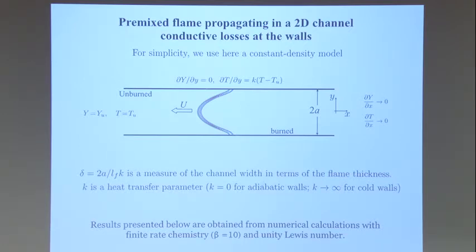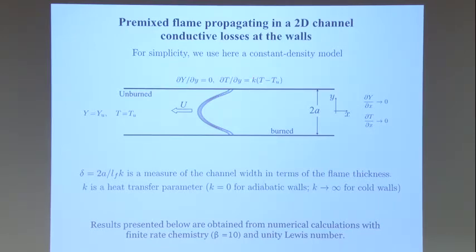And the heat loss parameter here is expressed only at the boundary, where you have conduction losses. So the gradient dT/dy at the wall is some coefficient k, which depends on the material of the wall, times T minus Tu, Tu being the temperature of the surrounding or the unburned gas.